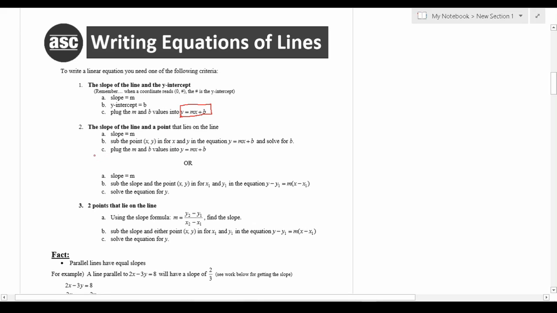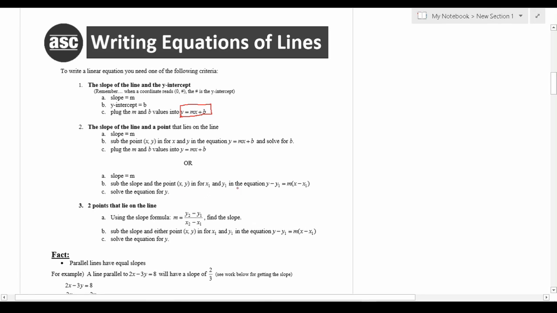You can plug the slope as well as the values of that point in the slope-intercept equation, solve for b, and then take m and b and plug them into the slope-intercept equation. Or you can take the slope of the line as well as the point of the line, plug that all into the point-slope equation, and then solve for y.